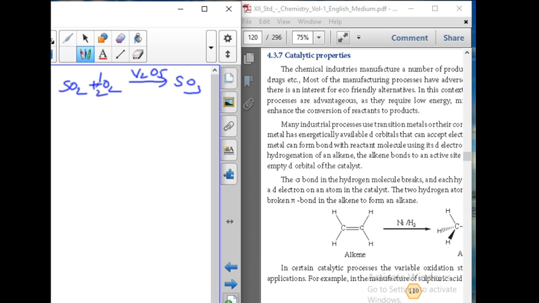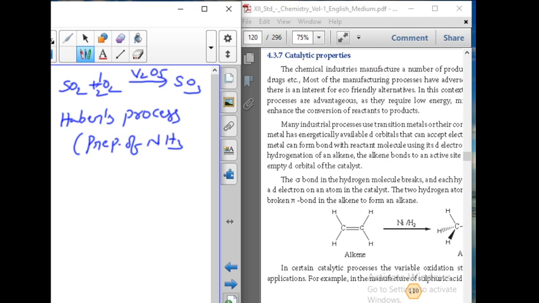Another example is the Haber process, which is used for the preparation of ammonia.